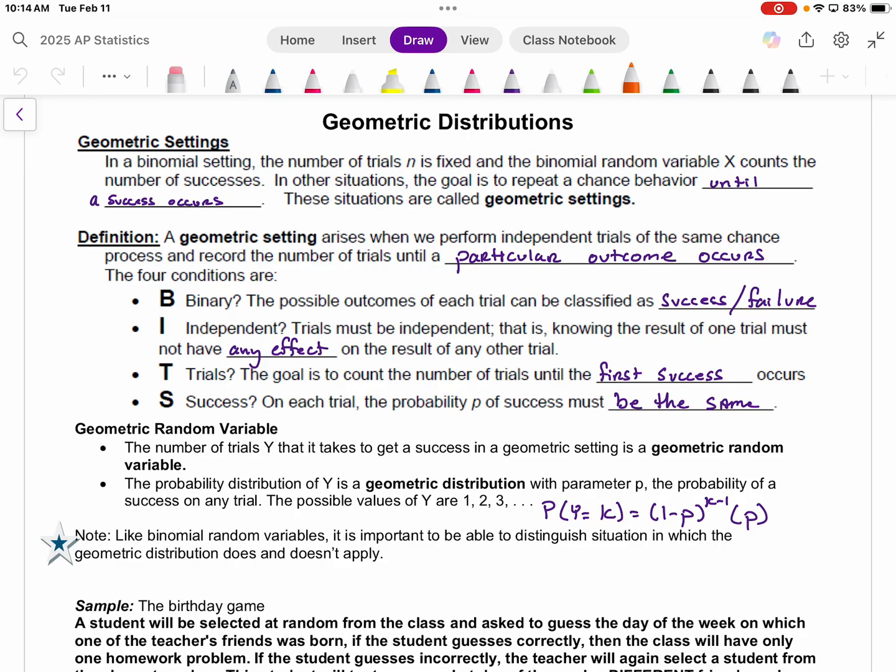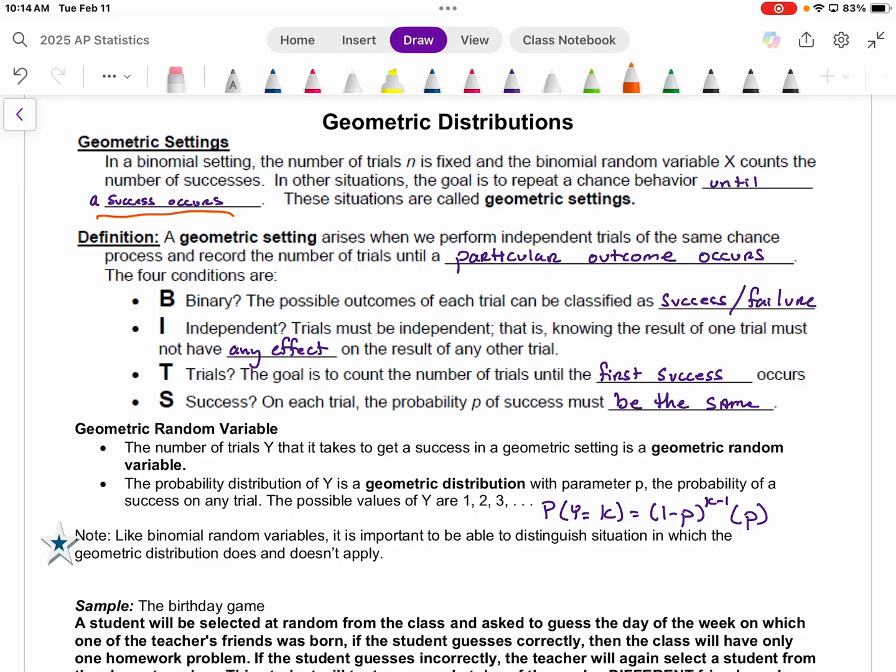Well, in a geometric, we actually keep repeating the process until we finally get a success. So there's actually a whole bunch of failures, and we're trying to find the probability of when I'll get my first success at this trial. And there's no end. So there's no fixed number of trials in a geometric setting. It's open-ended.